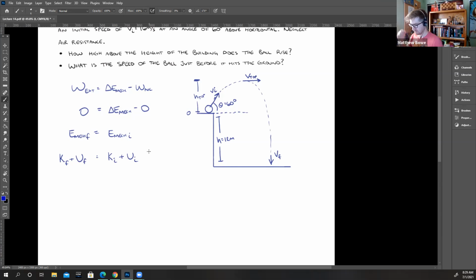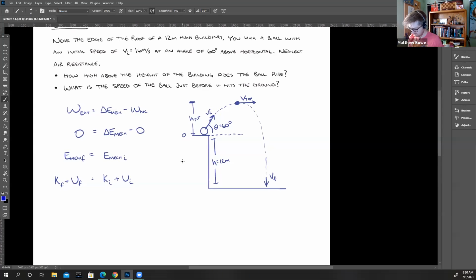We want to find the height first. So let's find the height of the ball when it's up here at the top of this arc. Now we could do this beforehand. In some previous chapters, if we knew enough information, we could find the height of the ball using those kinematic equations. But maybe the problem wouldn't give us a piece that we would need.